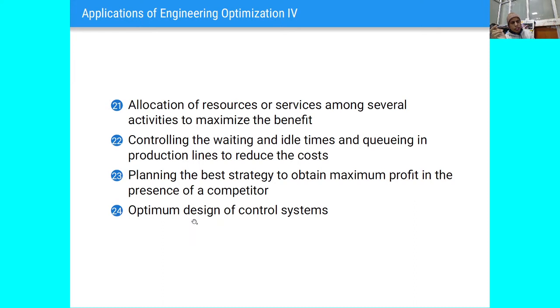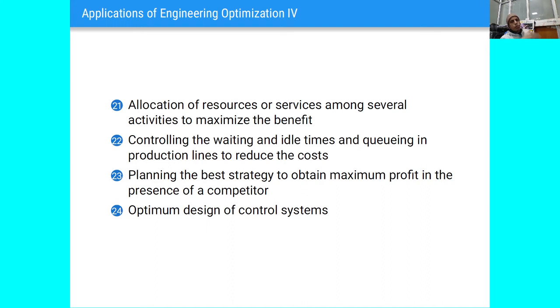Then in the last, I have mentioned optimization of control systems. It may also be used in electrical systems, in electronics also. It is widely used in order to get the optimum values under the given circumstances of any control system. So this is in brief, as I told, about the critical portion, which is introduction to engineering optimization under module 1.